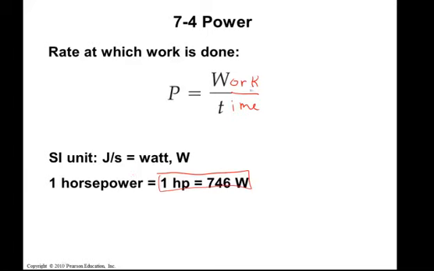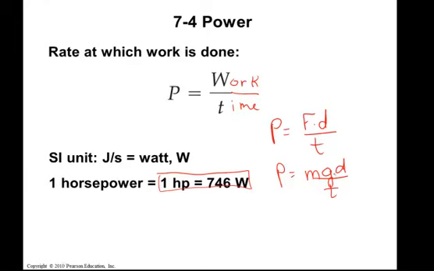But work divided by time. That also means, since work is force times distance, it could be force times distance divided by time. And force is also equal to m times a, or you could think about this being g, if we're doing acceleration due to gravity. So sometimes it would be m times g times d, the weight times the distance, divided by your time in seconds.